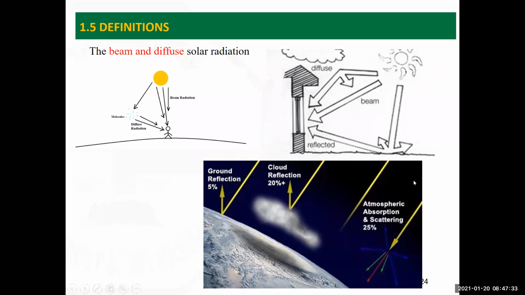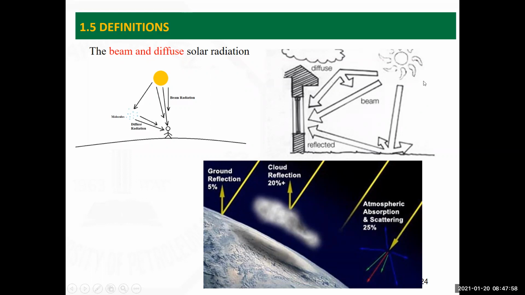This is again radiation which is falling onto the glass of a certain building, like a window. Part of it is coming directly from the sun, which is beam radiation, but part is being diffused, because the sun has direct rays that reach the clouds. Clouds are scattering some of the radiation to fall onto the glass.